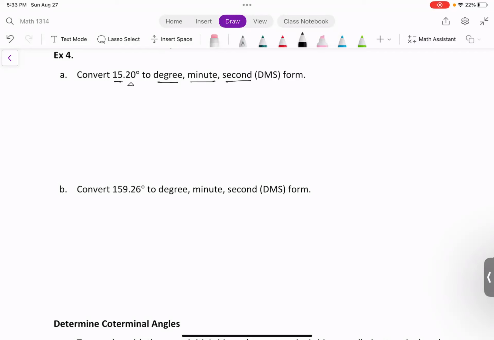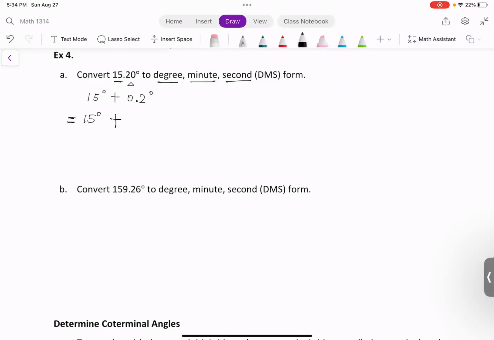All right, let's do this. First step, I'm going to separate the integers and the decimals. So 15.2 degrees equals 15 degrees plus 0.2 degrees. 15 is the integer, so I just leave it there.